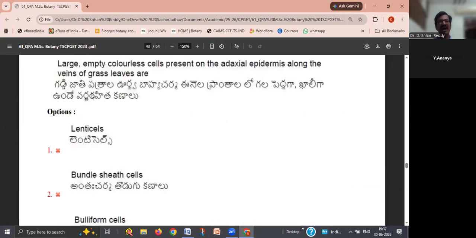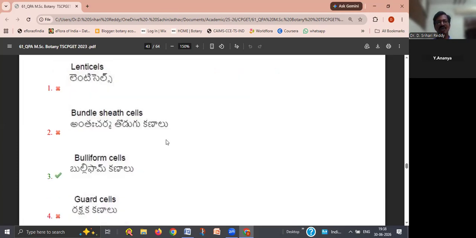Next, large empty colorless cells present on the adaxial epidermis along the veins of grass leaf are called. We see cells with very thin cell walls and large in size, present in the epidermis of grass leaves. Those are bulliform cells, also called motor cells.